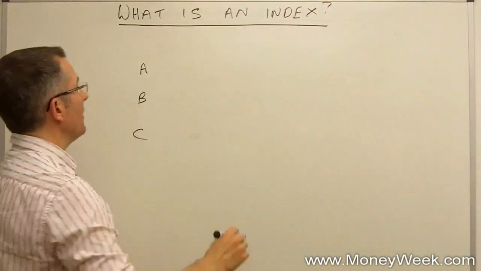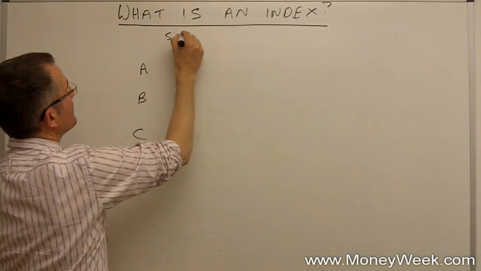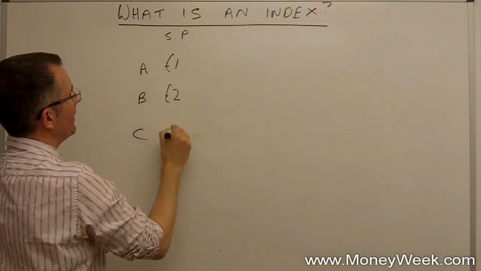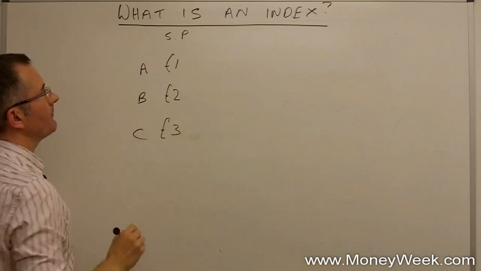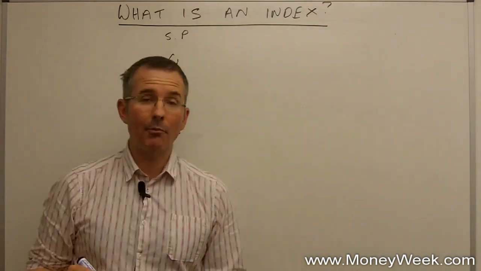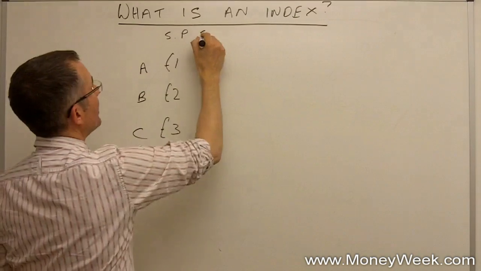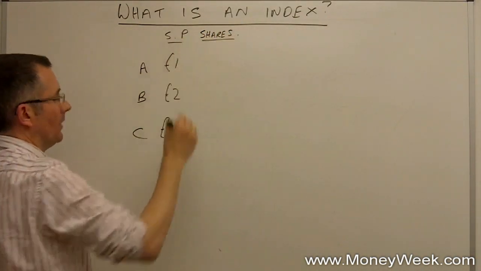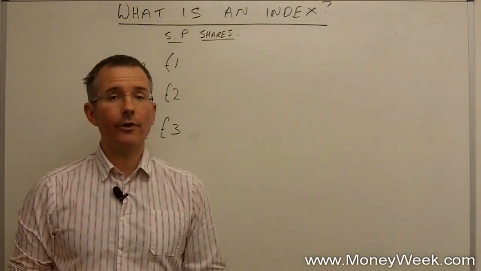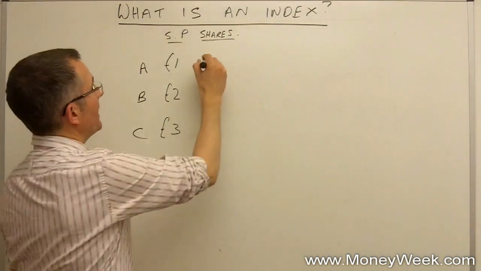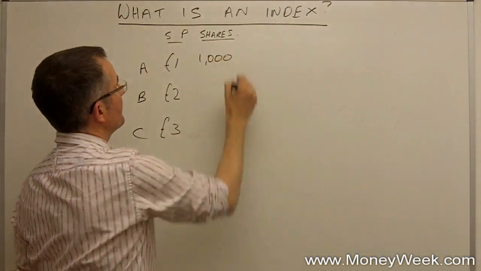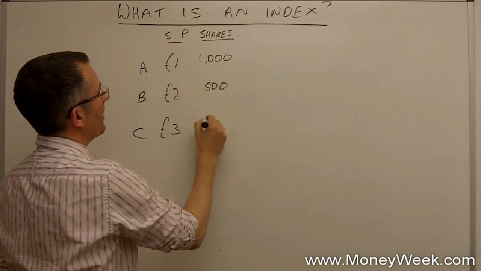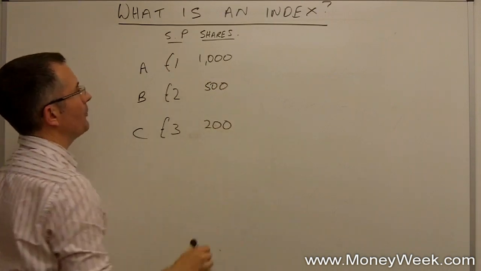Let's say the current share price is £1 for A, £2 for B, and £3 for C. And the number of shares each company has in issue. They're slightly different sizes, these companies. So let's say the first company has 1,000 shares in issue, Company B has 500 shares in issue, and Company C just 200.